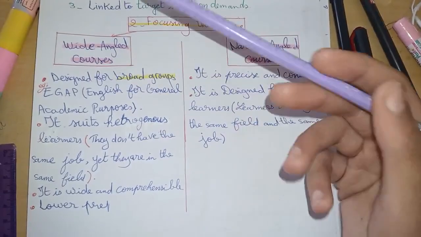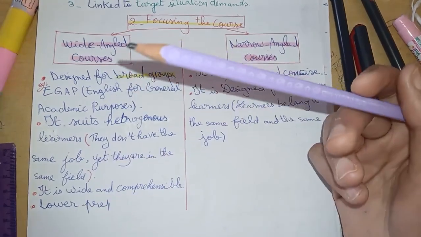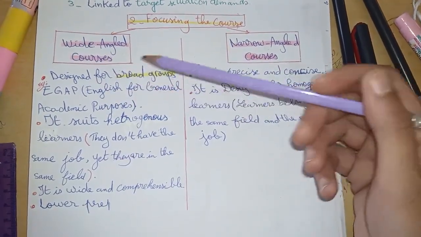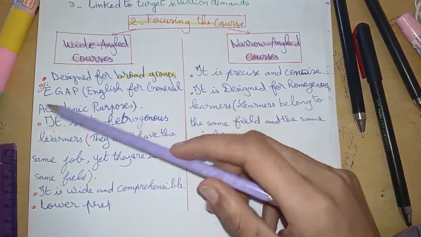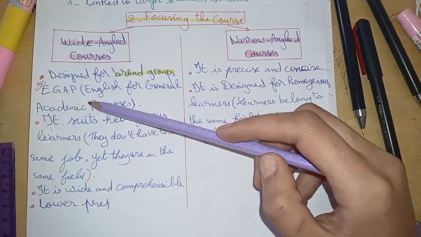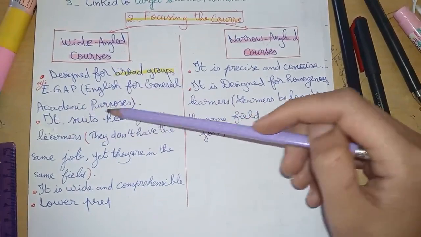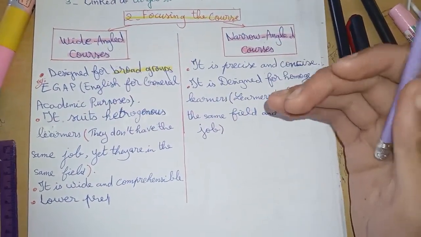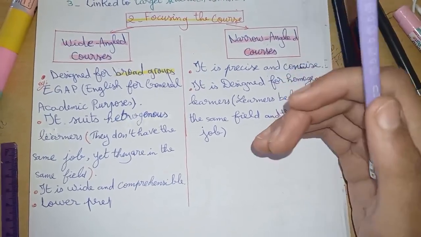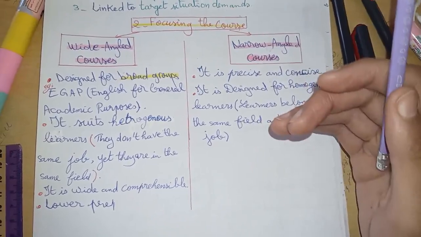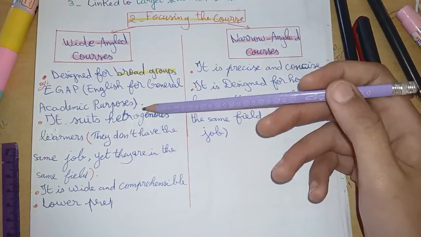Wide-angled courses, as the name suggests, are designed for broad groups, for large groups, for example EGAP. It stands for English for General Academic Purposes, a sub-branch of ESP for academics, and it is subdivided also into general purposes, not specific.